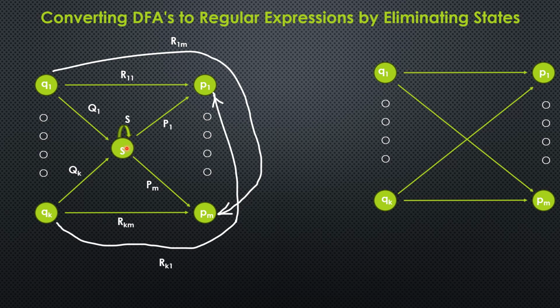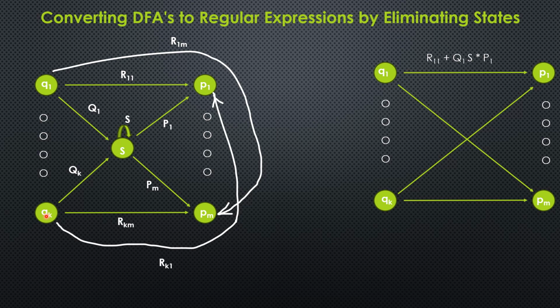Then from S state, I can move to P1 through P1 input. So it is R11 plus Q1 S star P1. So I can take this path or this path. So that is the representation R11 plus Q1 S star P1.